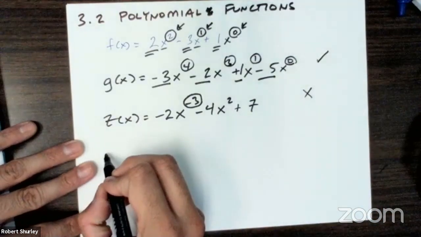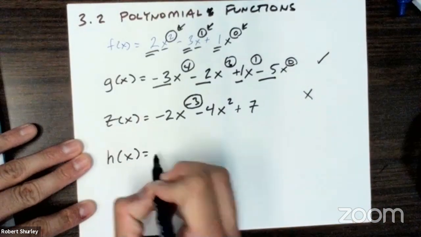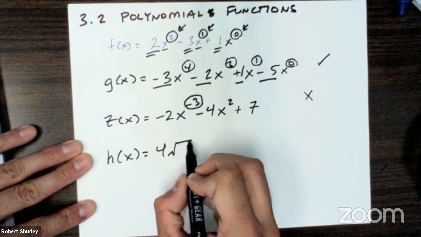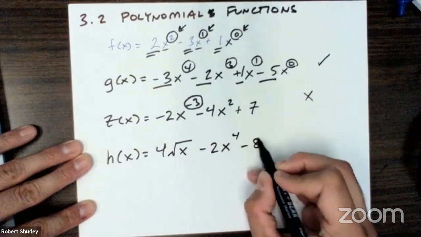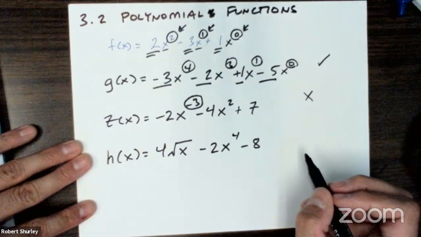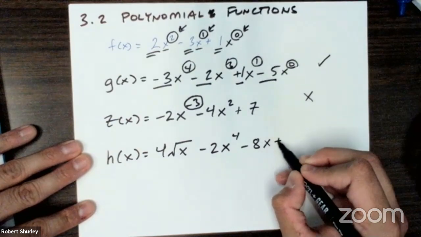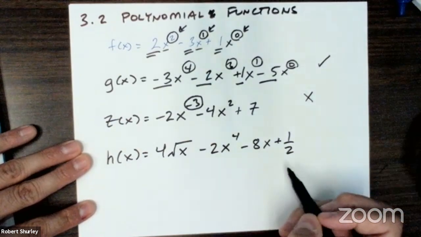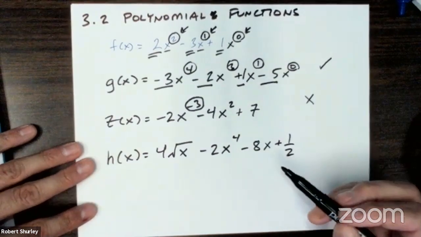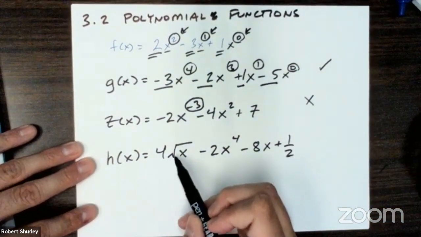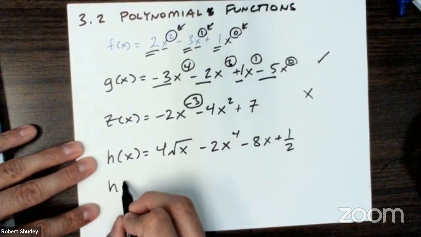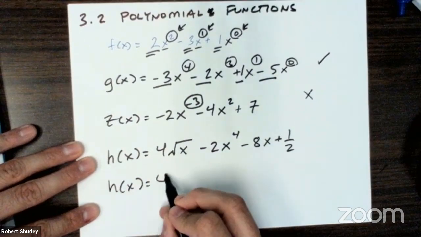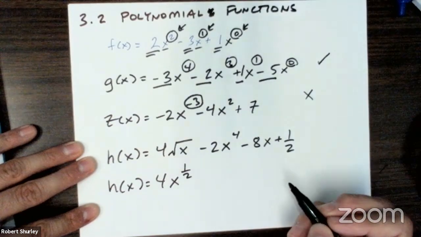Let's do another one that's not a polynomial. Let's say we had h of x equals 4 square root of x minus 2x to the 4th minus 8x plus 1/2. This would not be considered a polynomial because of the square root of x. If you remember, the square root of x can be written as x to the 1/2.